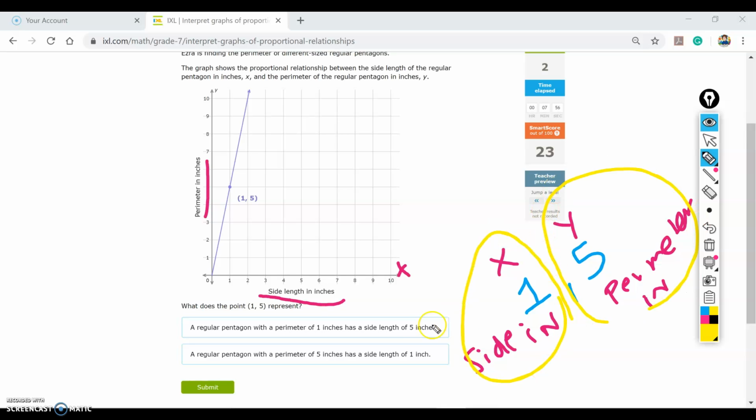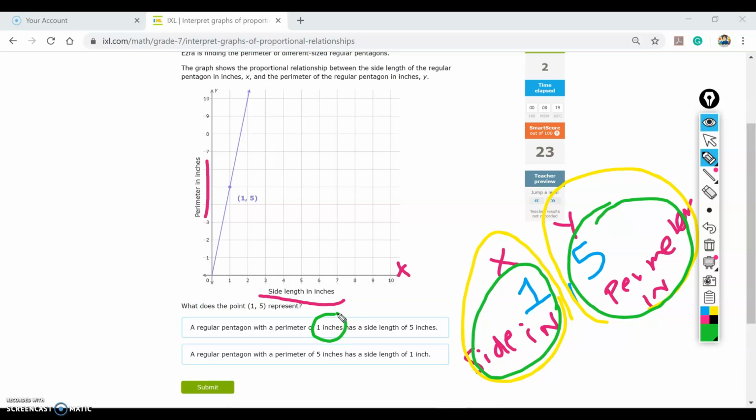According to the problem, it says a regular pentagon with a perimeter of 1 inch has a side length of 5 inches. That is not quite correct because if you think about it, we have a side of 1 inch and the perimeter is 5. They're telling you a perimeter of 1 inch and a side of 5.